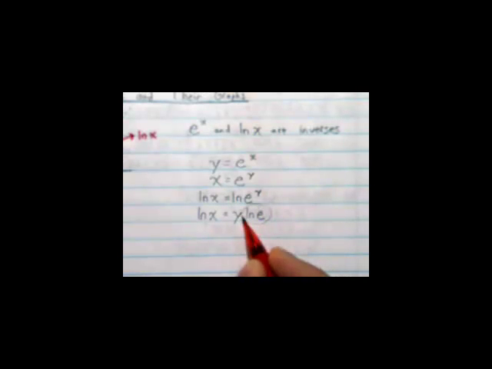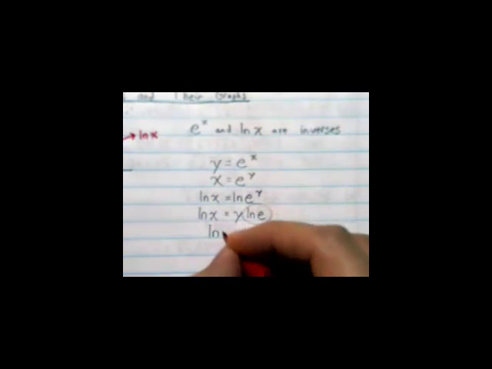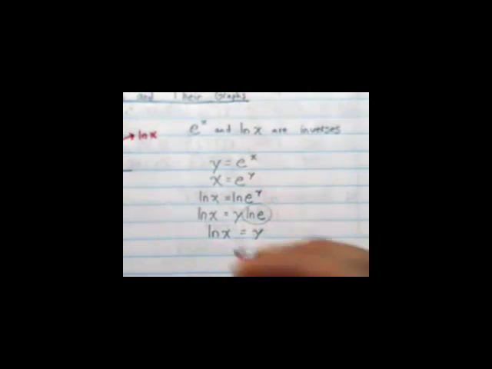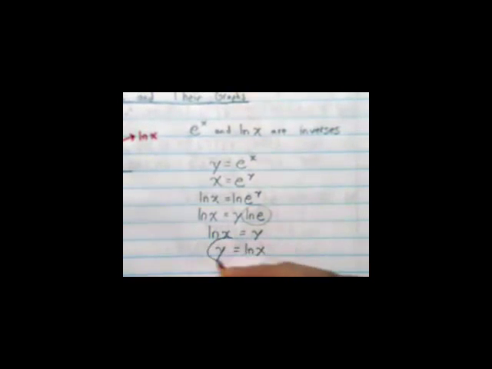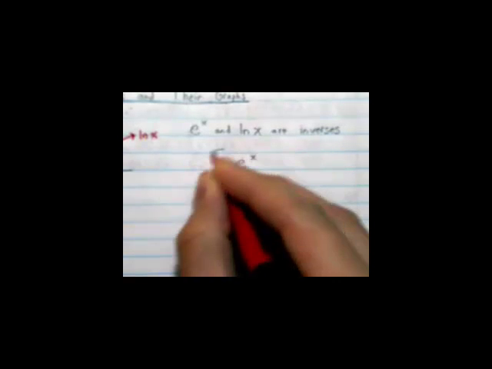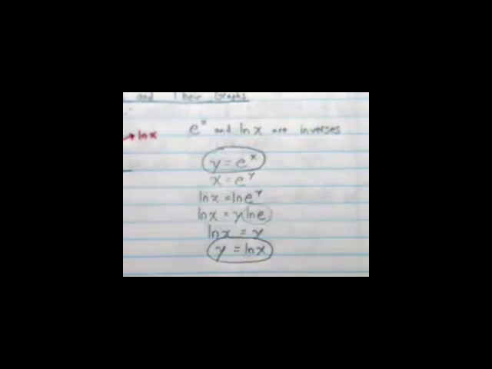Here's a little property we're going to talk about a bit today, but see if you remember it. What is the natural log of e? It's just 1. Yeah, exactly. So we end up with the natural log of x equals y, or if we just switch that around, y equals natural log x. So we've shown that this is the inverse of that.